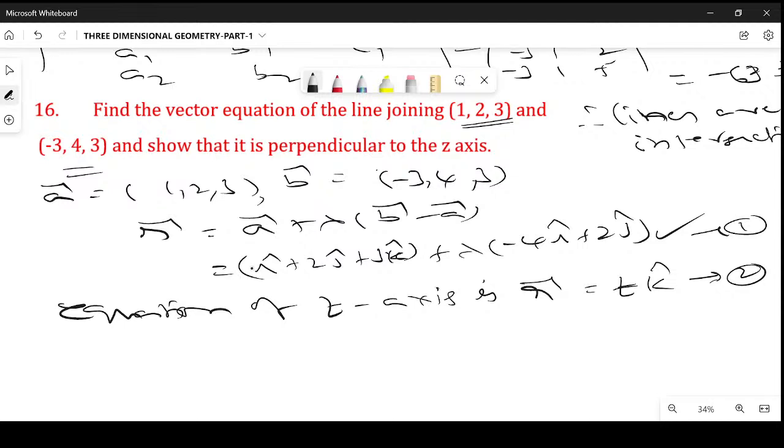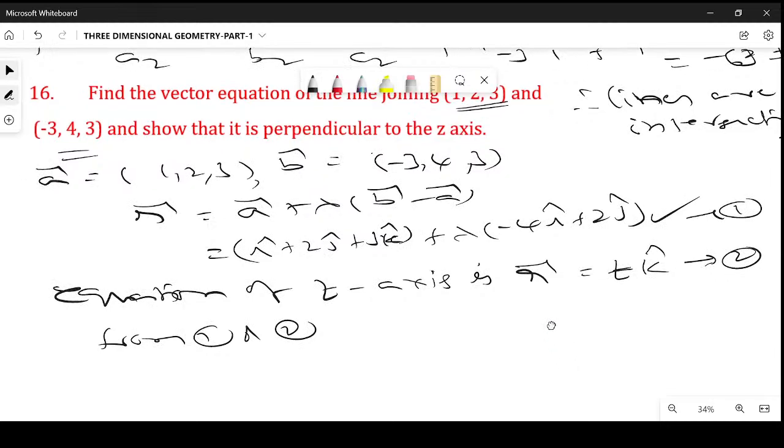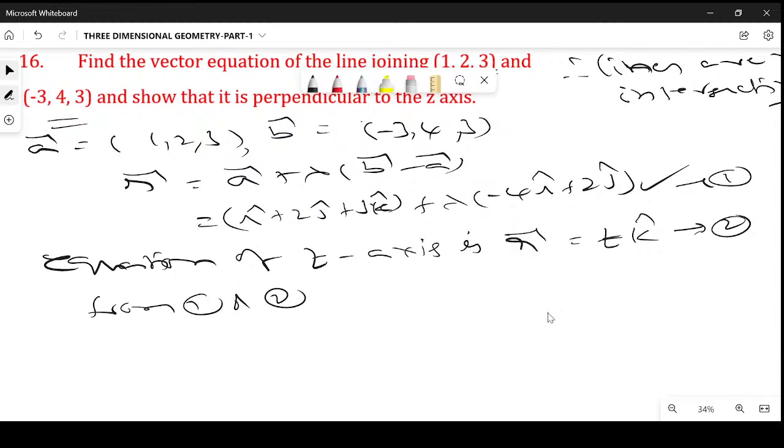If I rearrange r bar and use the z-axis from line 1 into line 2, let me check what I can apply here.